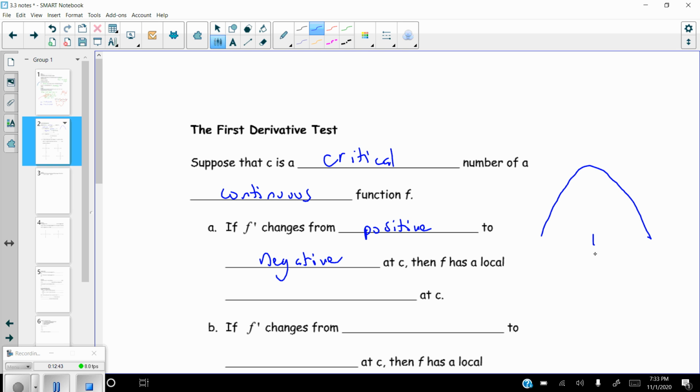This must be your C value right here, if we were to draw a line right there. Changes from positive slopes to negative slopes. Then what are you going to have at the top here? Well, that would be a local maximum. So if the derivative changes from positive to negative at a specific C value, then you're going to have a local maximum.